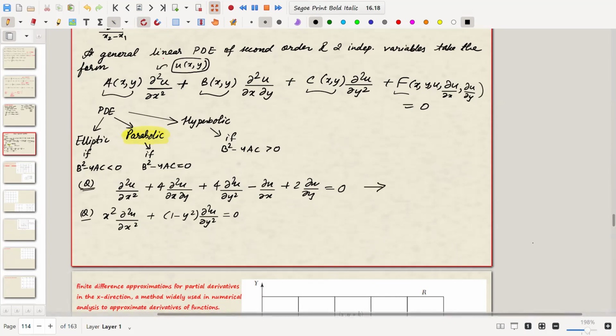What's the type? This column, what kind of equation is this? Why?